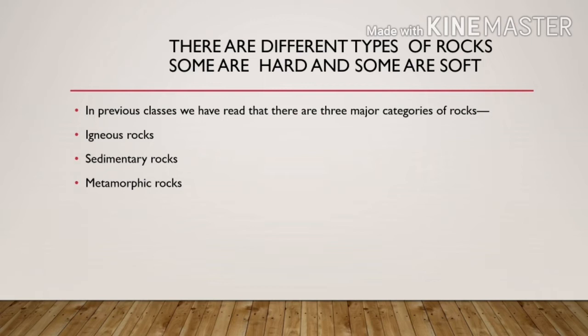In these three types of rocks, we know igneous rocks are the hardest rocks, after that sedimentary rocks, and then metamorphic rocks. These rocks are interconvertible. They are changing from one form to another on the earth, and in this process they are converted into soil and clay and other types of minerals.